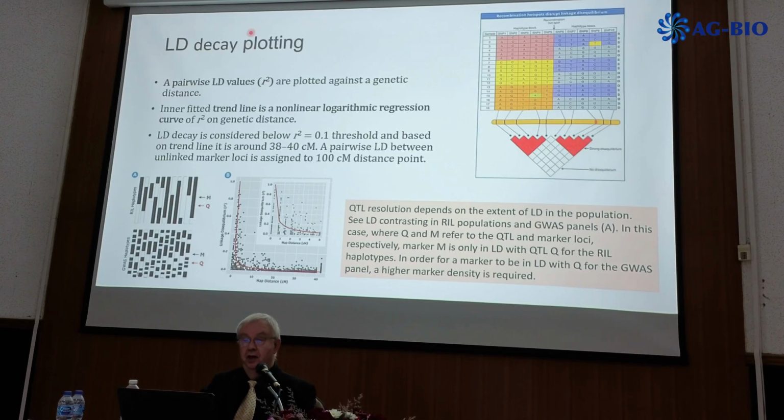And here you see an example of a linkage disequilibrium decay plot. This example shows you all the markers and the map distance, from the QTL to, let's say, 40 cM. So this end is independent and this end is highly linked.